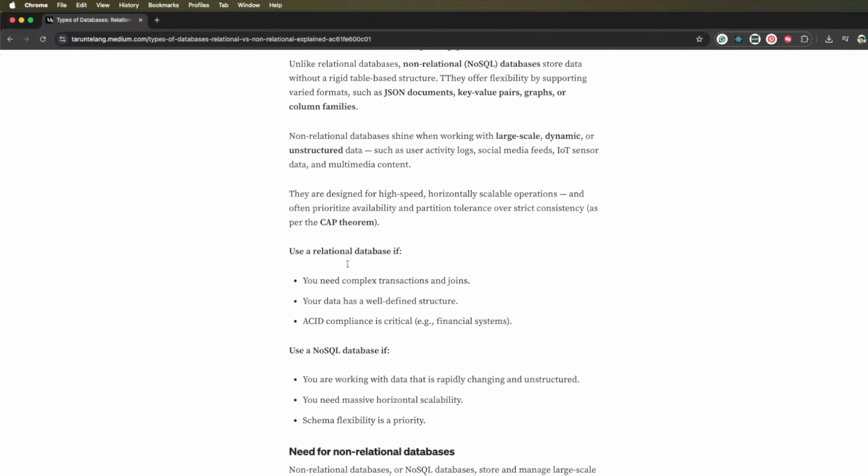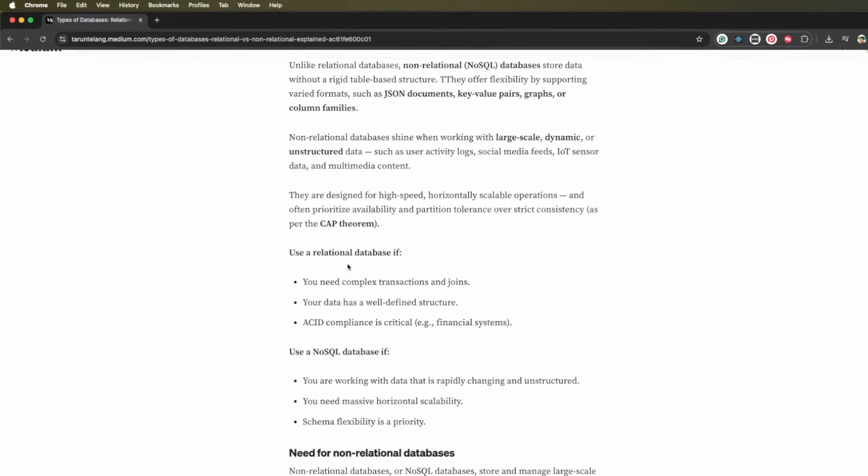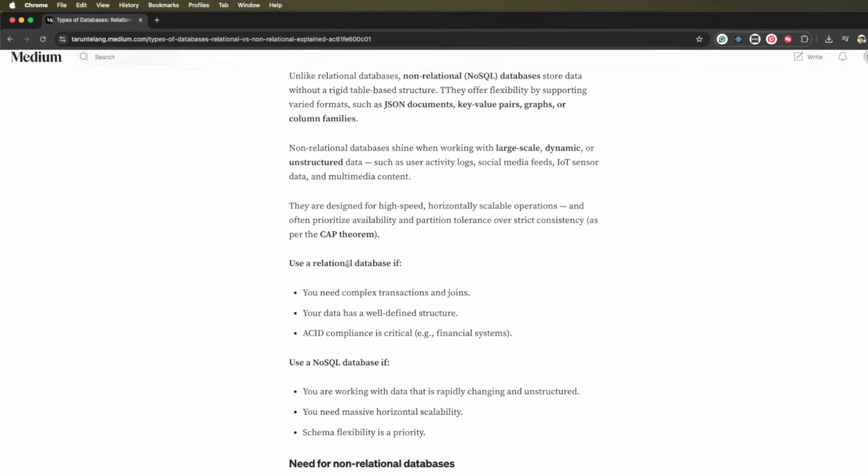And the theorem basically says it's really hard, maybe impossible, to simultaneously guarantee perfect consistency across all nodes, availability for reads and writes all the time, and partition tolerance, meaning the system keeps working even if parts of it can't communicate temporarily. So we have to make choices, pick two out of three kind of thing. That's the classic way to think about it, yes. Many NoSQL systems prioritize availability and partition tolerance, sometimes relaxing strong consistency compared to ACID-compliant relational databases.